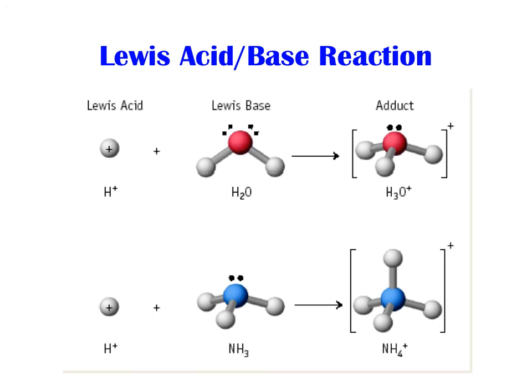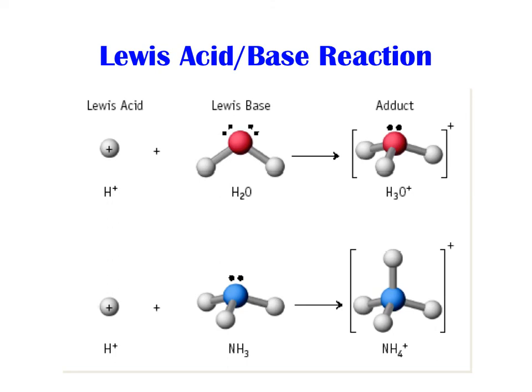Here is just a little example of what happens with Lewis acids and bases. So the hydrogen ion that's coming from, let's say, HCl can accept this electron pair and then come into the bond. And here, the NH3 can donate an electron pair so the hydrogen can bond to it.